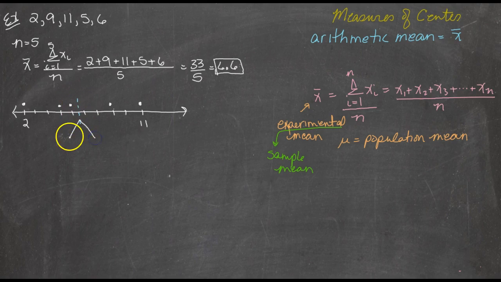So if I had a scale here and I was trying to see if my number line balanced half and half, these 2 points are farther away, and so they hold more weight or more value. So just by looking, I can say that I do think that my value of 6.6 as the middle, or the arithmetic mean for this set of numbers, makes sense.